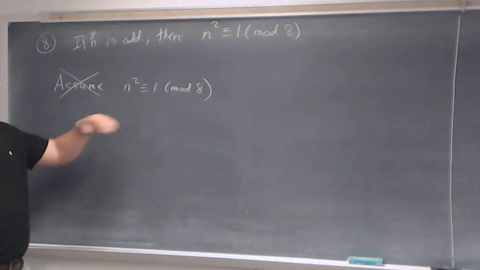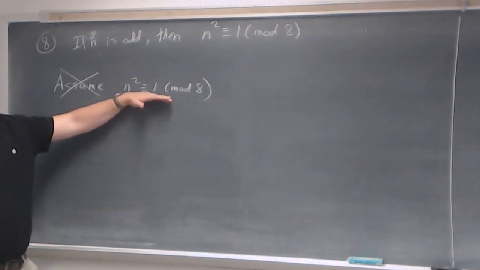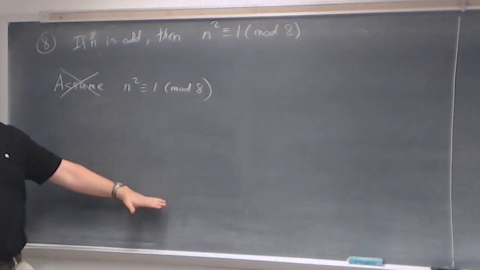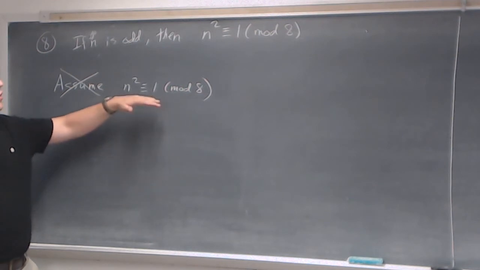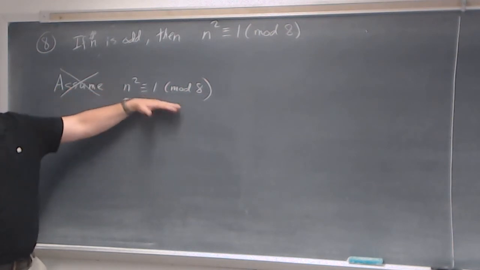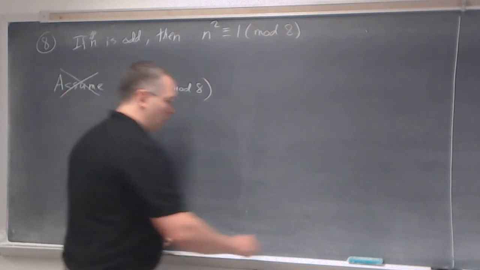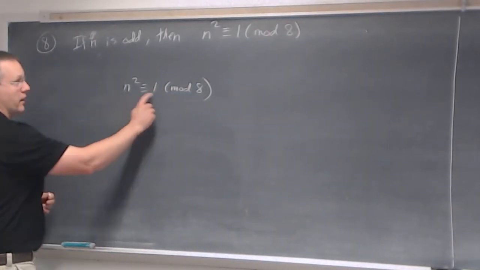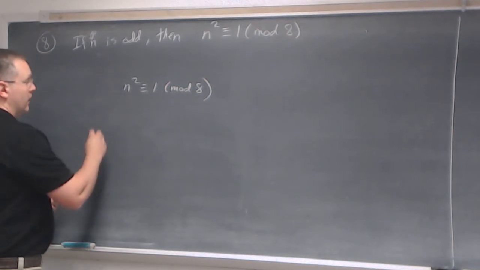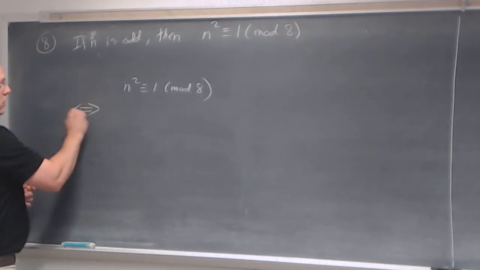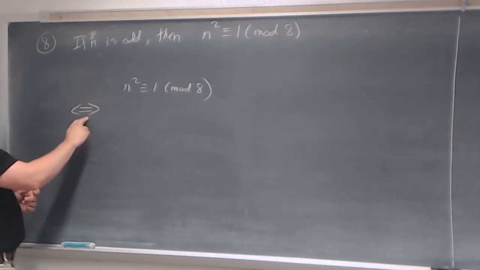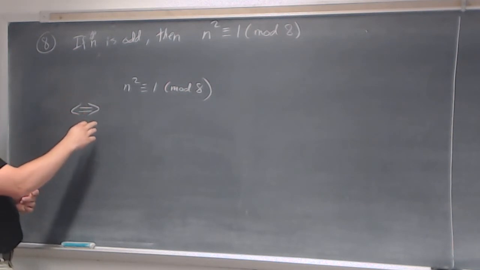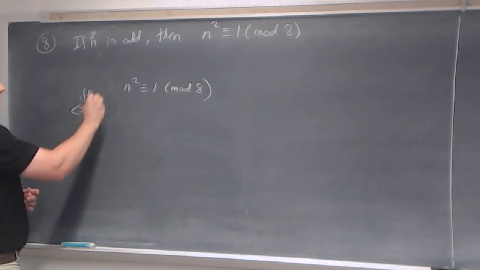What you're really trying to say is this statement is equivalent to some other easier statement. So instead of saying assume this is true, just say we see that n squared is congruent to 1 mod 8. You could say if and only if, either use a double-sided arrow symbol or just write if and only if.